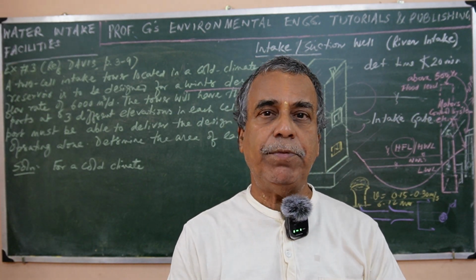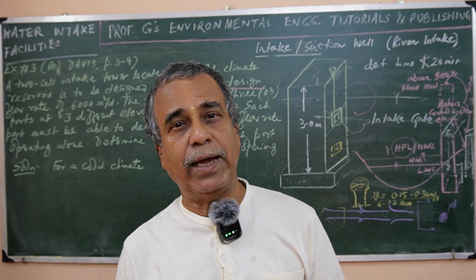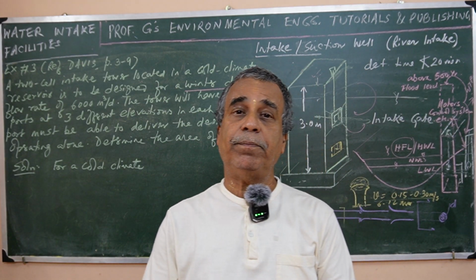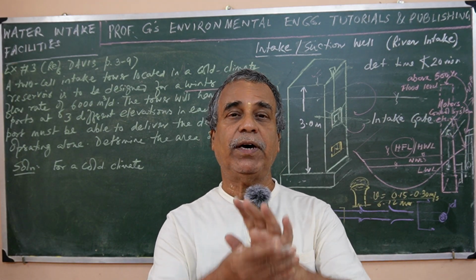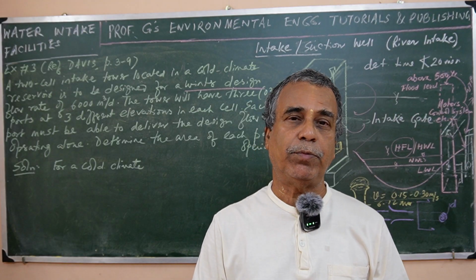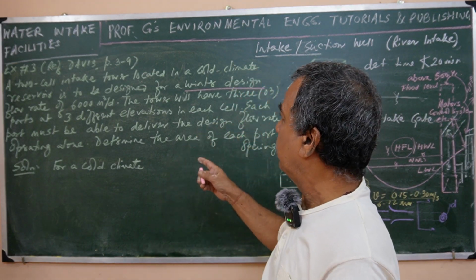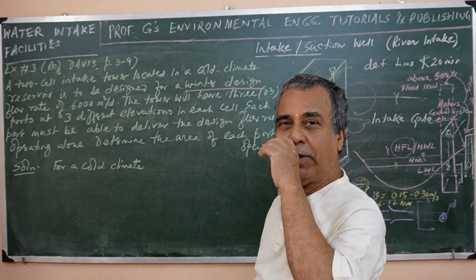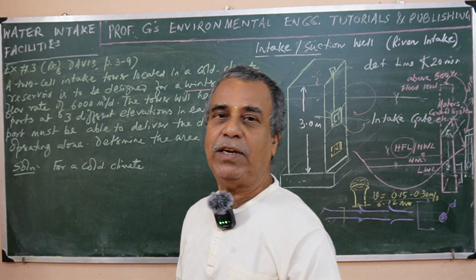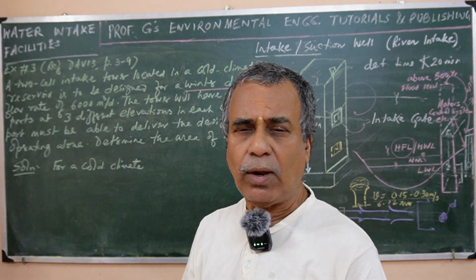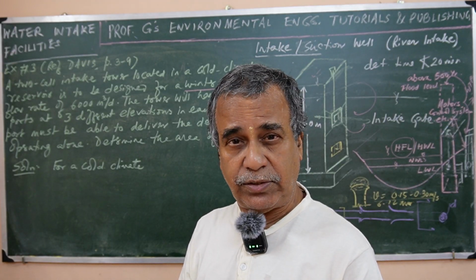So you have to consider the design for the minimum flow, whether it will be able to meet the entire demand of the population. This has to be secured. In summer the flow will naturally be much more than in winter, so that will be able to meet the demand. So winter is the worst case.